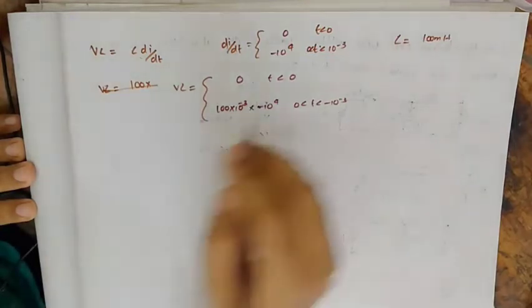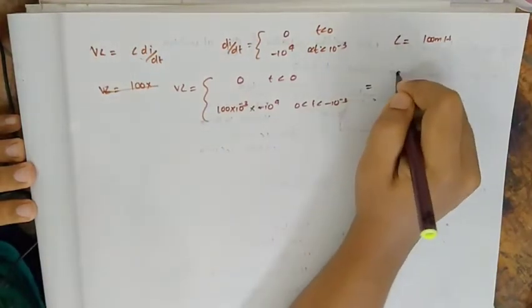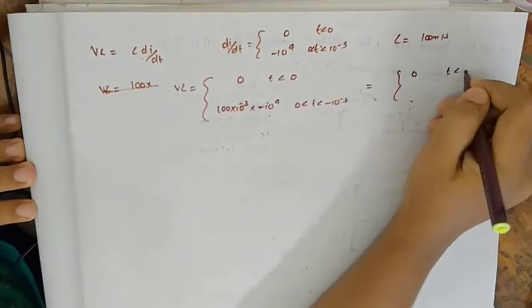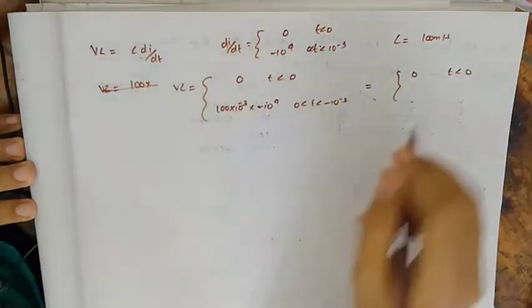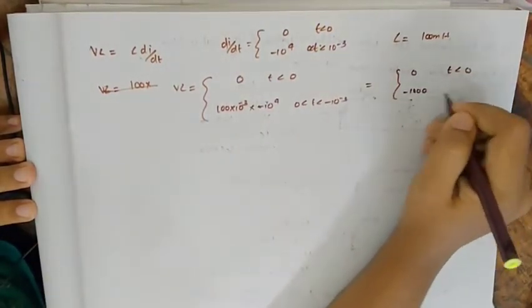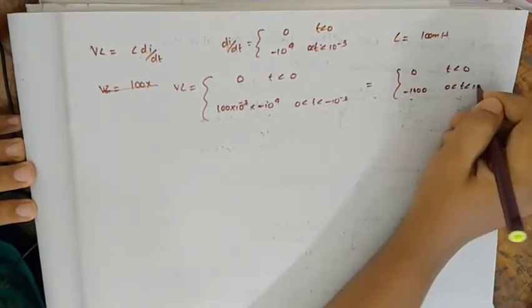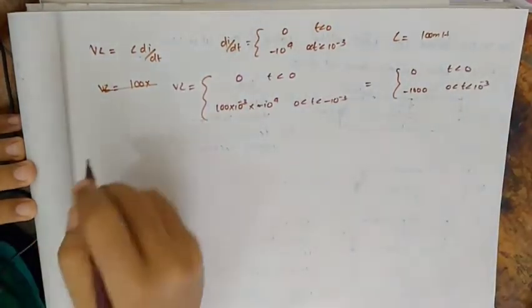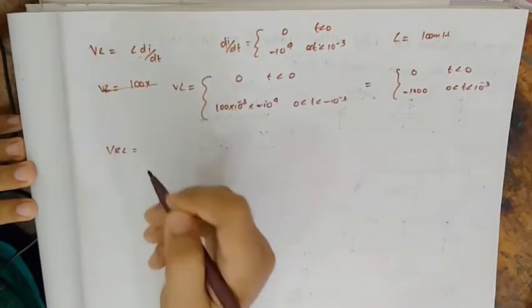So I'll get 0 for t less than 0 and minus 1000 for 0 less than t less than 10 raised to minus 3.